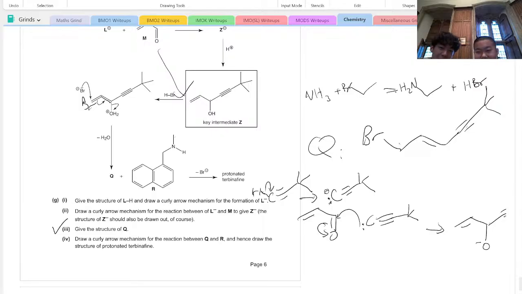No. The Br goes away. It leaves and becomes irrelevant. And this H also leaves. Not necessarily.